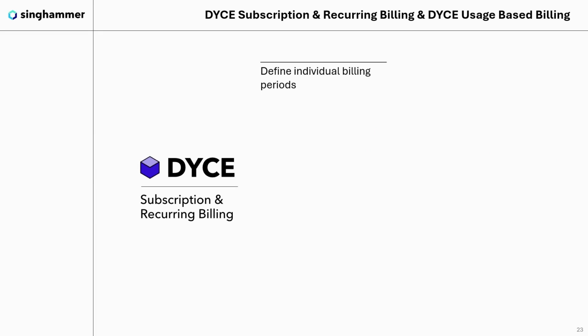With our DYCE app Subscription and Recurring Billing, you can seamlessly create individual billing periods. Every total amount on quotes and orders is split into one-time and recurring charges, providing maximum transparency to your customers. Does your customer not want automatic service renewal and need a renewal quote instead?